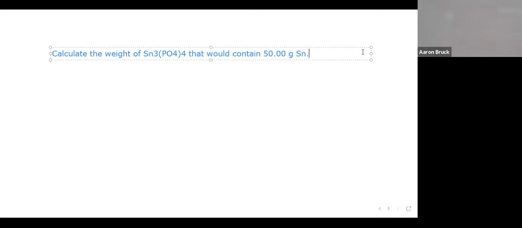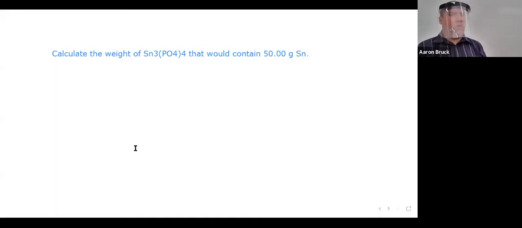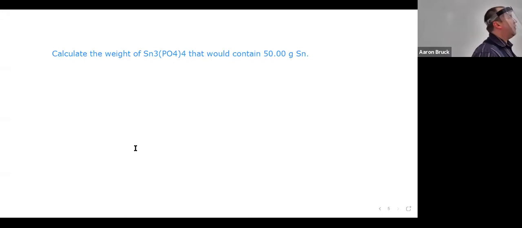Now, for questions like this, there are a lot of different ways that you can approach it. You can approach it from a mass percent perspective.